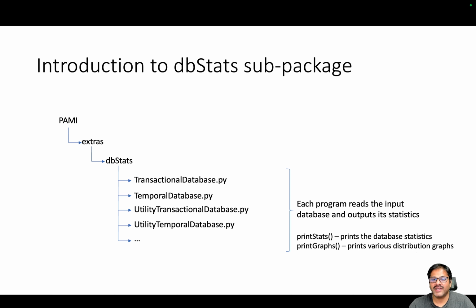Similarly, the print graph function prints all the graph distributions that are gathered for a particular database type. So, if you are not familiar with what statistical parameters we are capturing for a database, no need. Simply call the algorithm that measures the statistics of a database and simply say print stats and print graph. These functions will print all the statistics captured with respect to the format of the database.